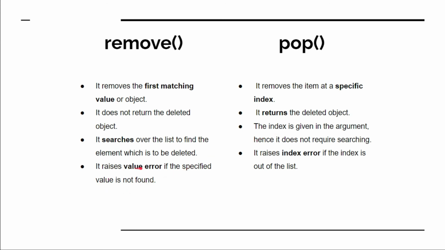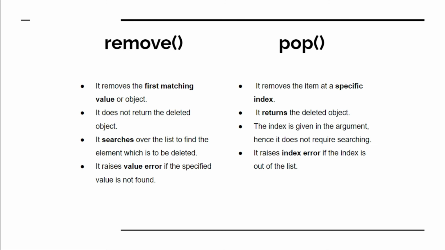And at last, remove raises the value error if the value is not found, and pop raises index error if the specified index is not found, as we have seen earlier. So it is obvious that we pass the value in the remove method, so it should raise value error, and we pass index in pop, so it should raise index error.